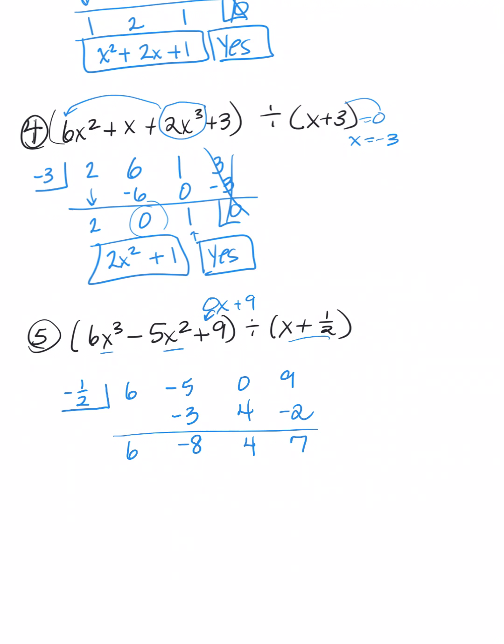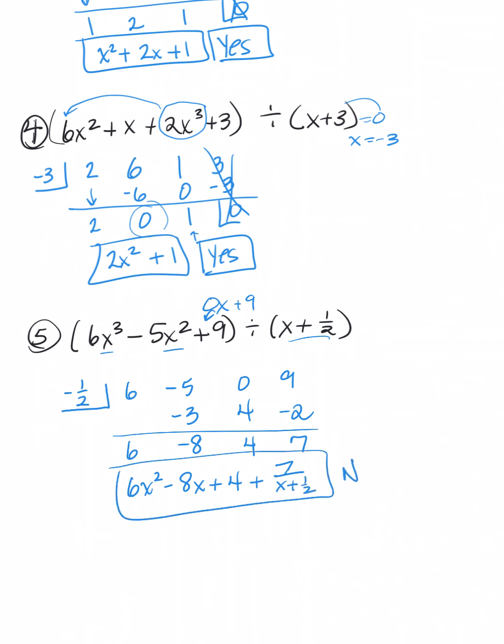Okay, now when I write this with the x's back in it, I start with 1 power down, so not cubed, but squared, minus 8x plus 4, and now here's my remainder, plus 7 over the divisor, x plus 1/2. So since there is a remainder, this is not a factor of the polynomial.